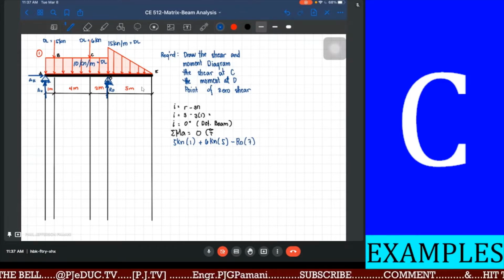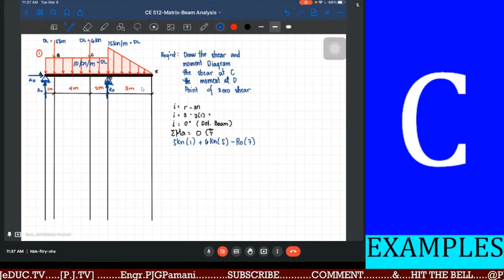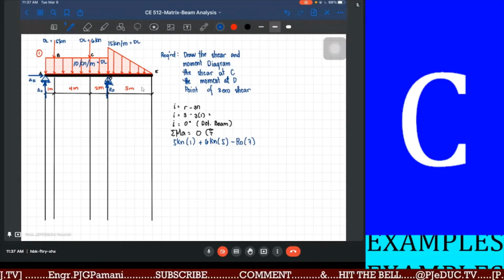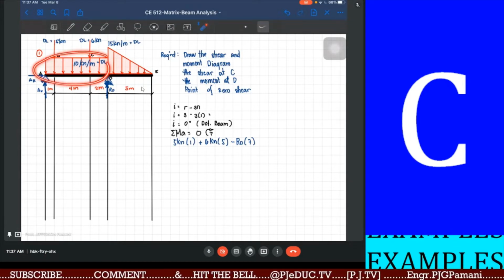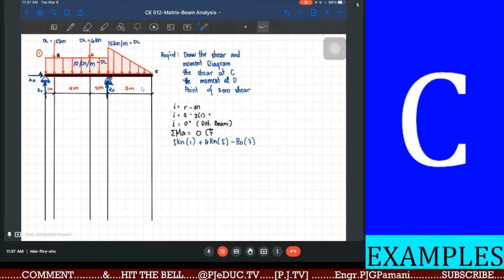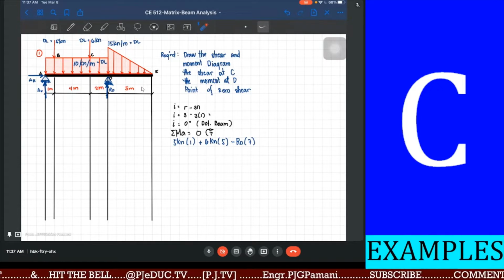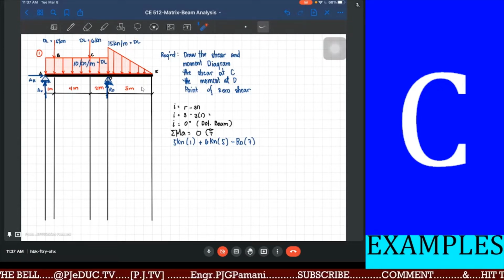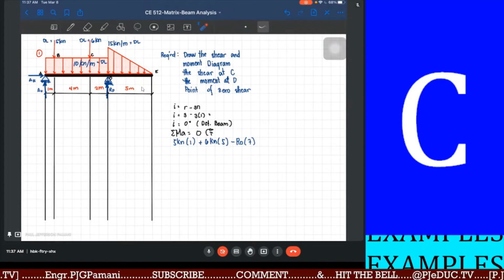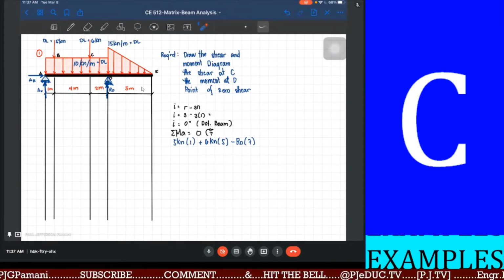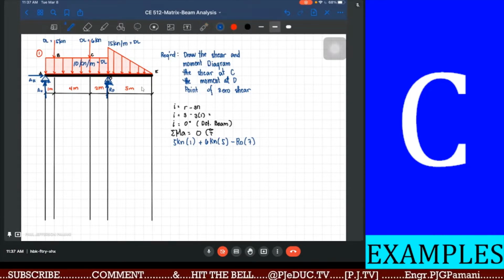Now, determine now the resultant force of the uniform load and the varying load. Uniform load, varying load. Hanapin lang natin yung centroid ng uniform load at saka ng ating varying load. Centroid ng rectangle. Anong centroid ng rectangle in terms of length? Of course, the half of length.